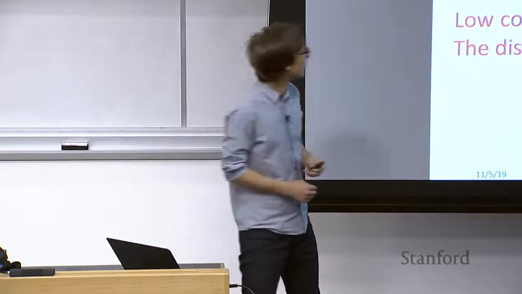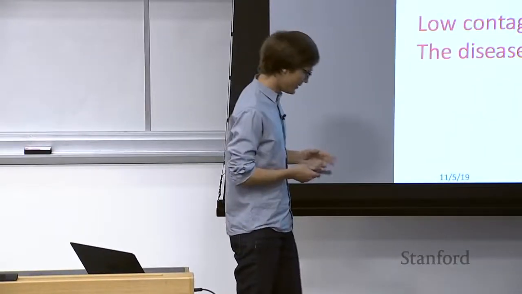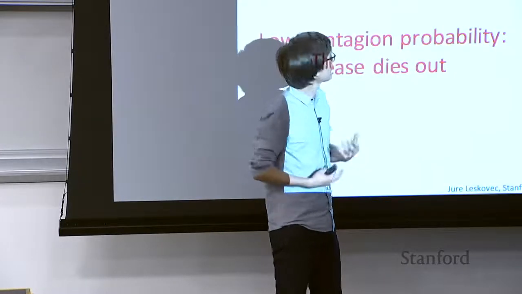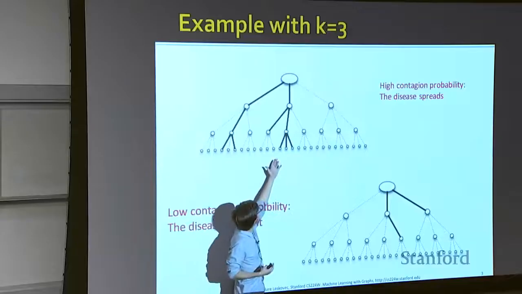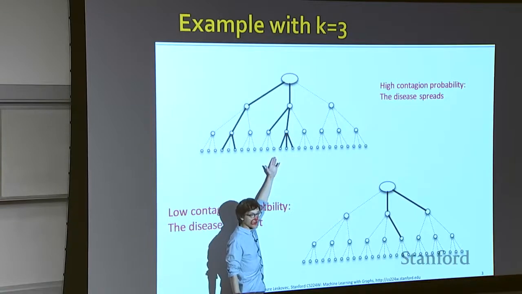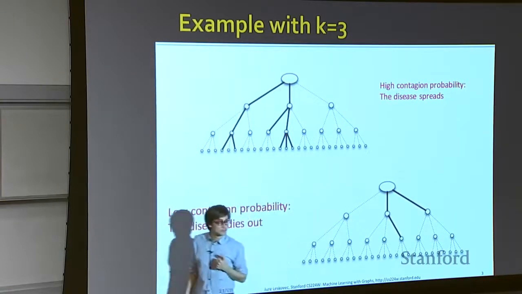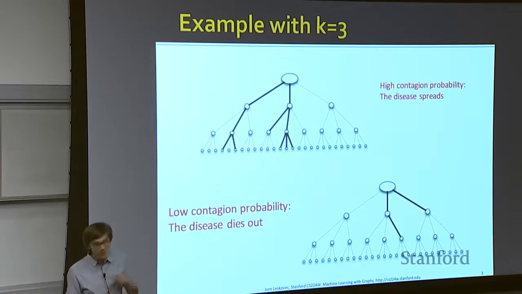So I want to do a quick mathematical derivation that will give us a sufficient condition for when the epidemic will run forever versus when it will die out. That's the main question.